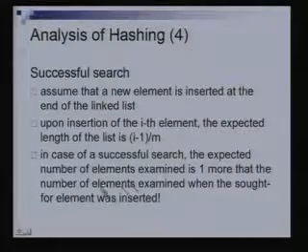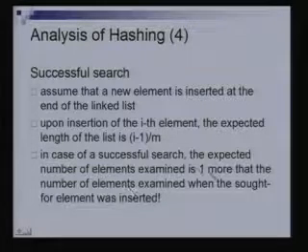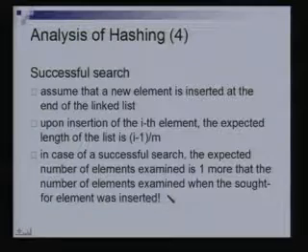M is the number of slots in the hash table, right. So, in the case of a successful search, the expected number of elements examined is one more than the number of elements examined when that particular element was inserted.